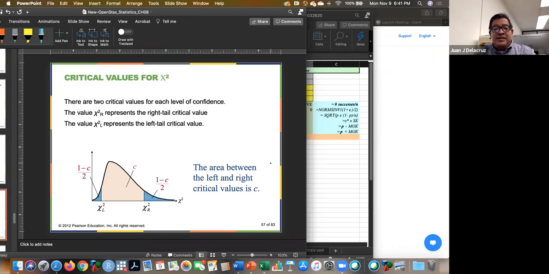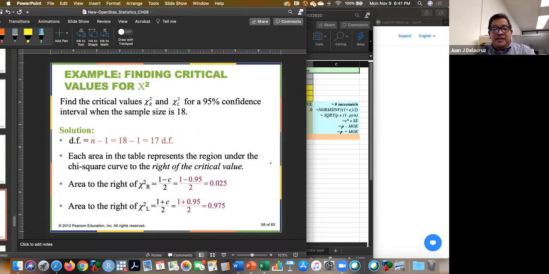So once again, if we want to know the values of the chi-square, we need 2 different things. We need the level of significance, and we need the degrees of freedom, right? In this case, to find the critical values for chi-square right and chi-square left at the 95% confidence interval, when the sample size is 18, the degrees of freedom is going to be 17.